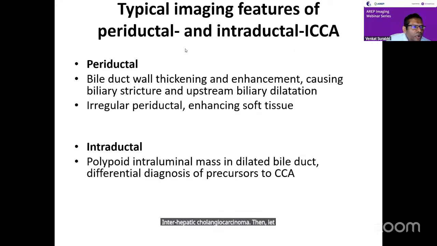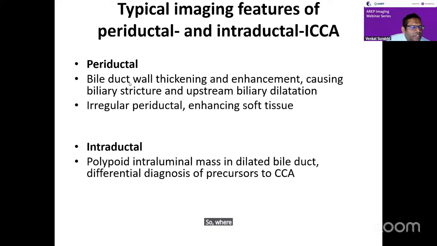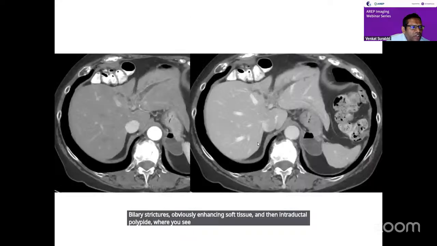Then let's take a look at the growth pattern of intrahepatic cholangiocarcinoma. We looked at the mass forming type, and the other two types are periductal, where you can see a tumor presenting as bile duct wall thickening, biliary strictures, enhancing soft tissue, and then intraductal polypoid, where you see a polypoid lesion within the common hepatic duct.